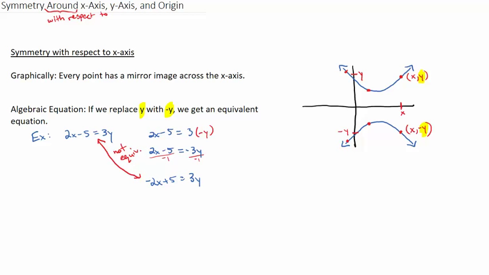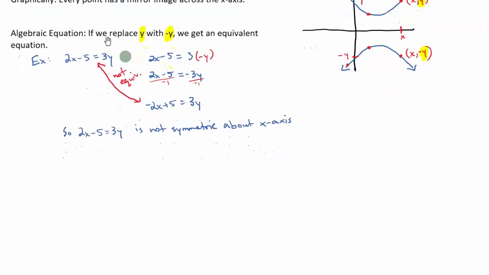So 2x minus 5 equals 3y is not symmetric about the x-axis. You can see there are lots of ways to say this: symmetric about the x-axis, symmetric around the x-axis, symmetric with respect to the x-axis. But in this equation it's not symmetric about the x-axis.